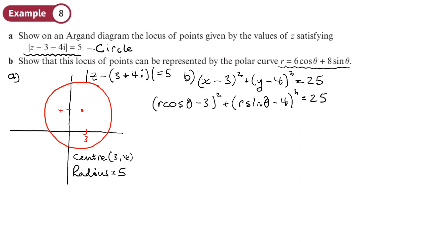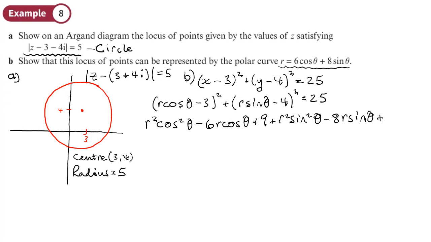So we'll expand the brackets. So we'll have r squared cos squared theta minus 6r cos theta plus 9. Then the second brackets, r squared sine squared theta minus 8r sine theta plus 16 equals 25.